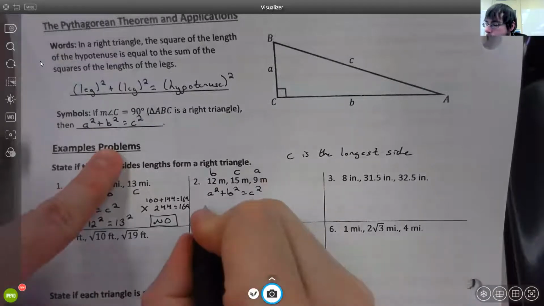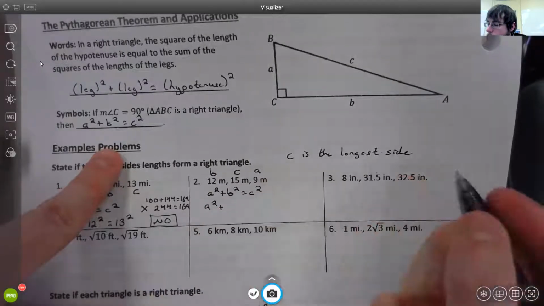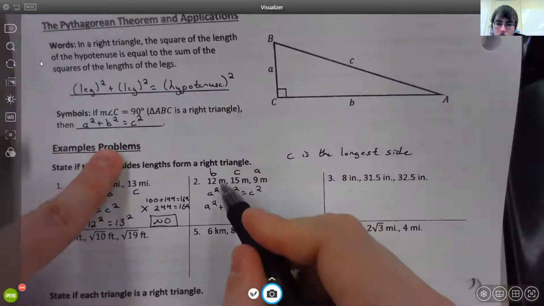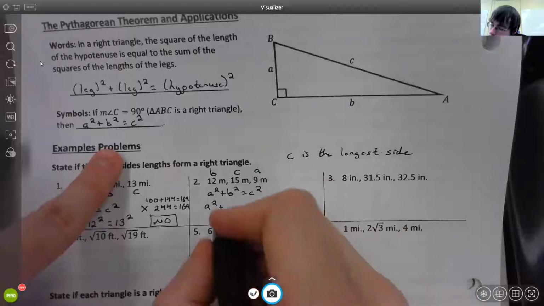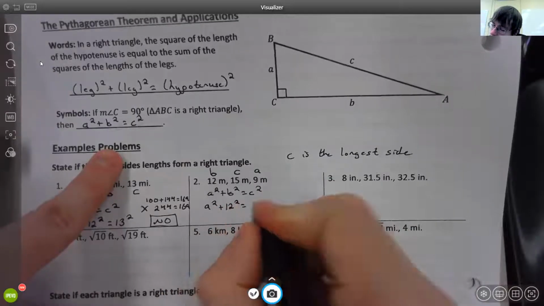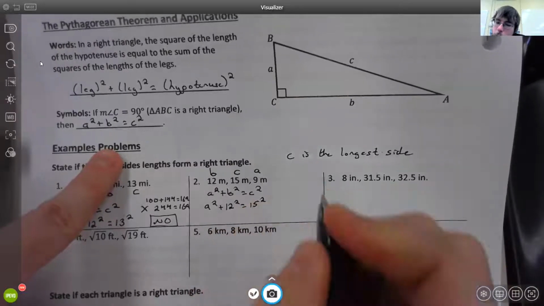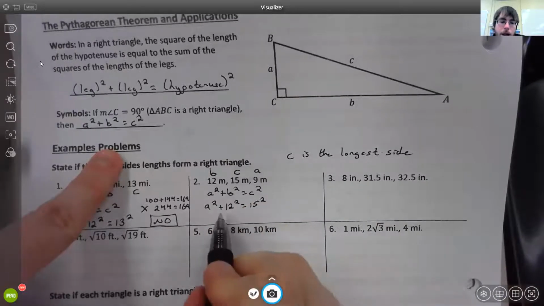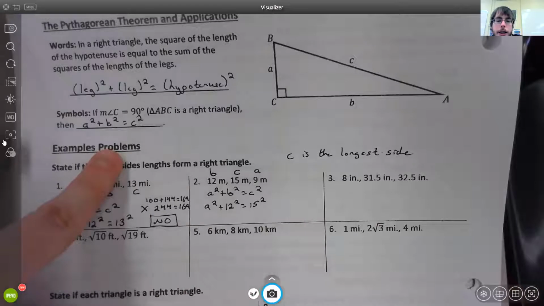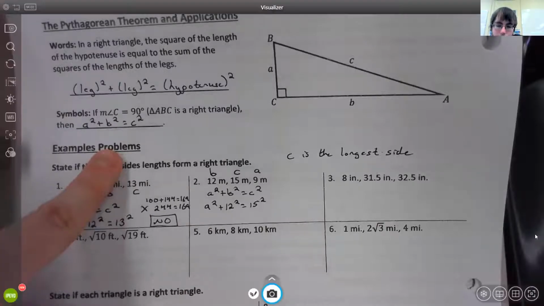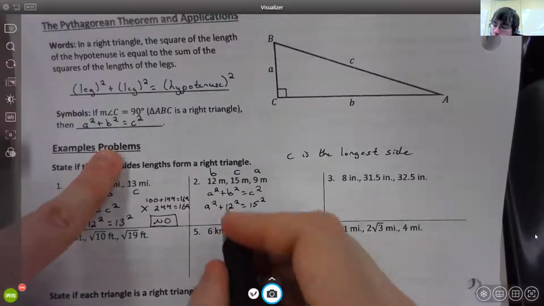A is 9. B is 12, so we have 12 squared here. And we're going to see if that equals C squared, which is 15 squared. 9 squared, again, if you need to use Desmos, I'll go ahead and tell you what it is, but use Desmos if you don't know.